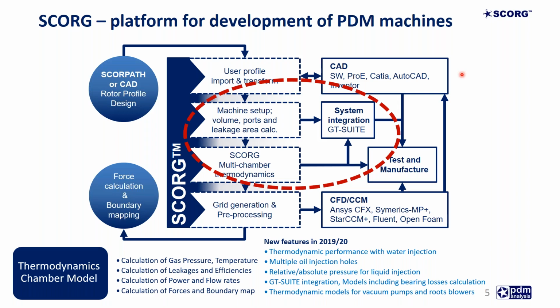So today we are going to talk about setting up of the machine and using the lower order models, which you can see rounded in this red circle here. And this is used for calculation of gas pressures, temperatures, leakages, and efficiencies, powers and flow rates, as well as forces and boundary maps of these machines.